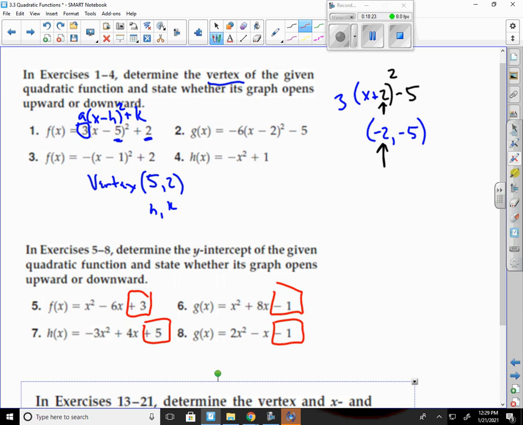Say whether it opens upward or downward. Look in front of the x squared. If it's positive, it opens upward. If it's negative, it opens downward. See how the 3 is circled? It's a positive 3, so it opens upward.